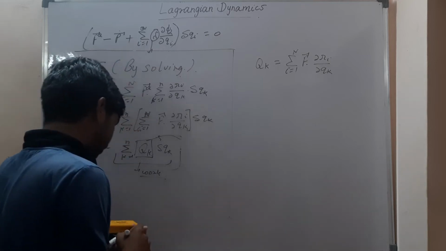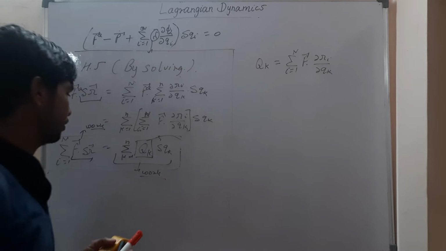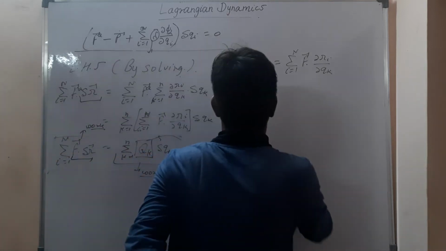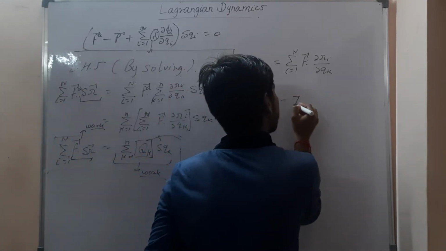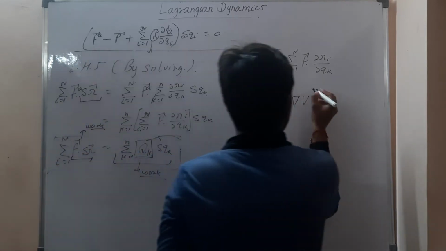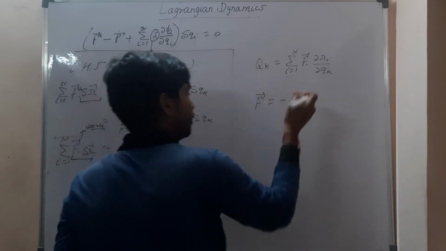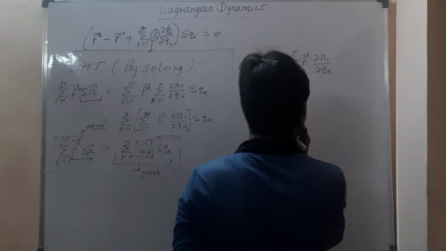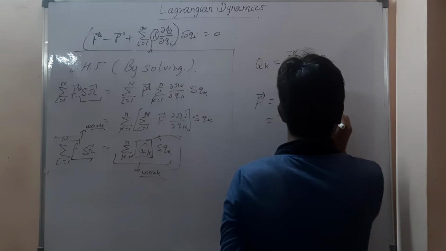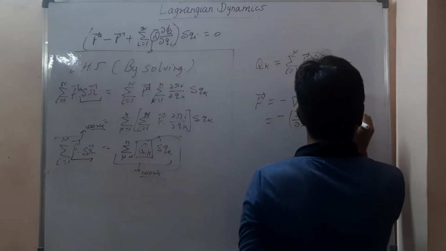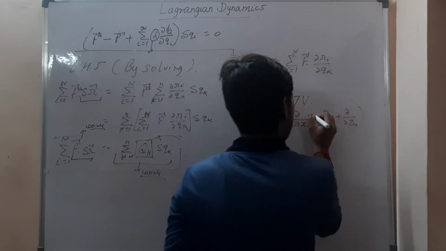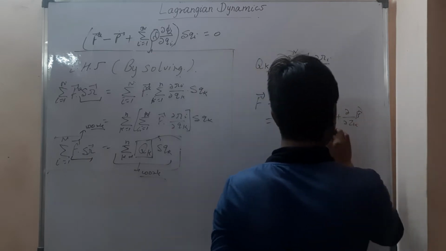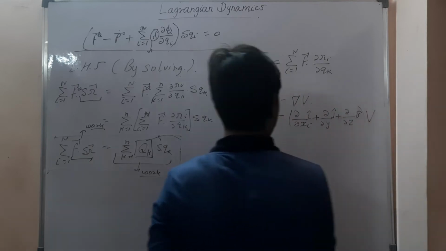So we will solve it now and see. If we consider any conservative force, what we can say is that the conservative force will be equal to minus the gradient of potential energy, and if I want to move further, then I can write it this way: del by del x i cap plus del by del y j cap plus del by del z k cap, acting on the potential.